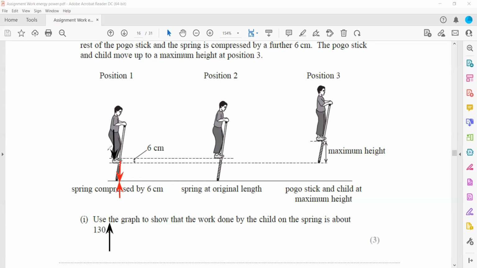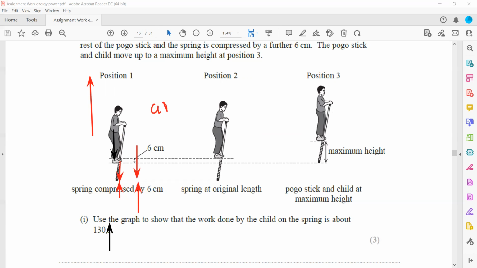Now, what happens as the child pushes downward? As a result, there will be a greater upward force, and this upward force is more than the gravitational pull of the earth. As a result, it will create an upward acceleration, so the boy with the pogo stick will accelerate upward.